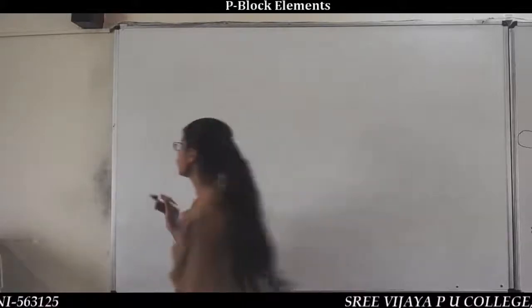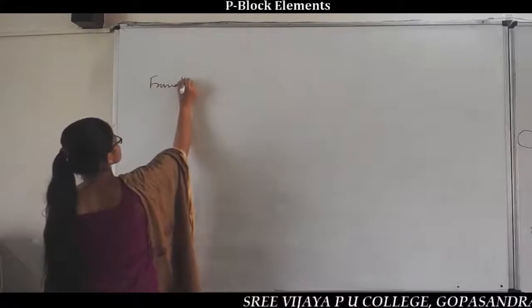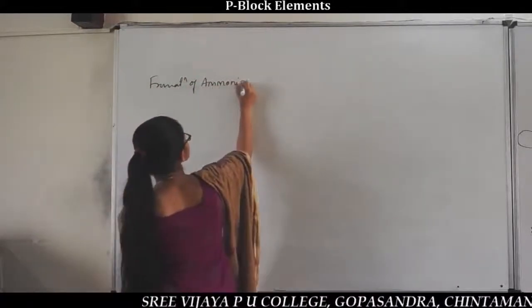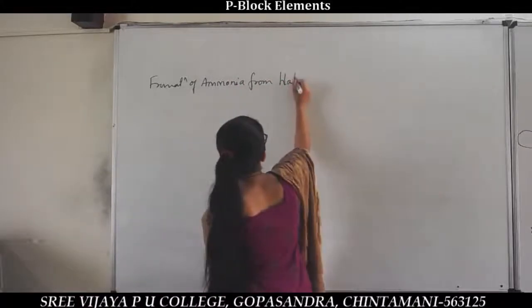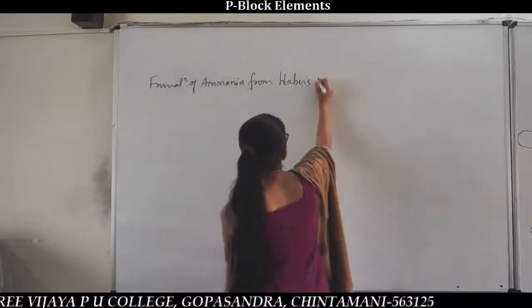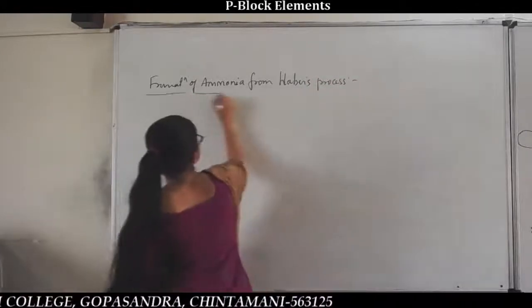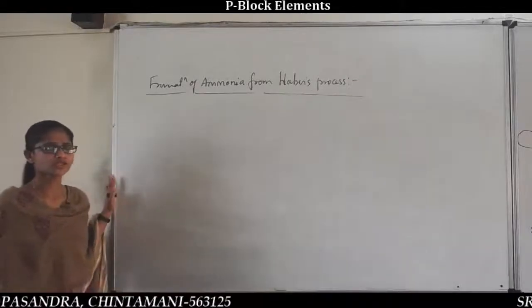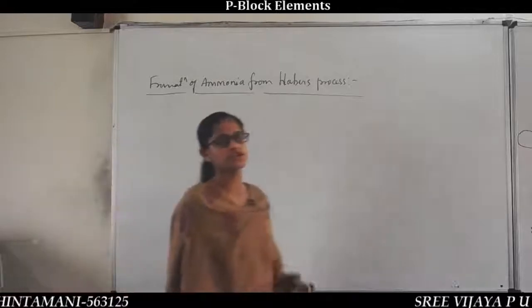The next one is formation of ammonia from Haber's process. Usually we take the direct combination of both the gases, nitrogen and hydrogen.